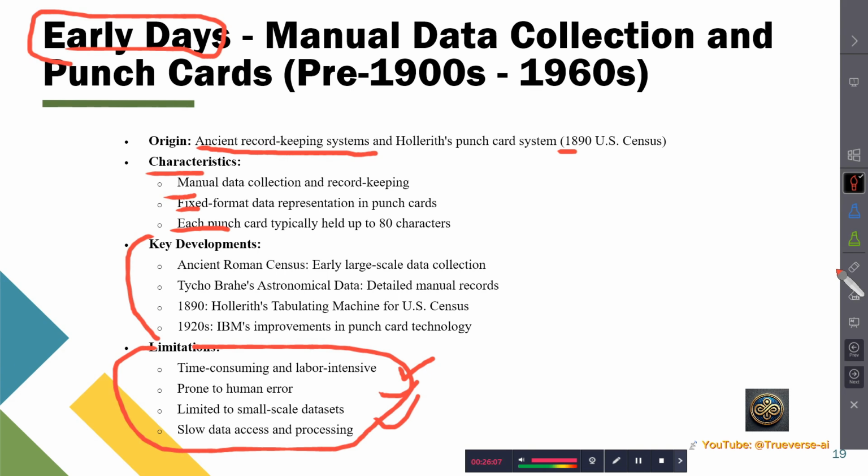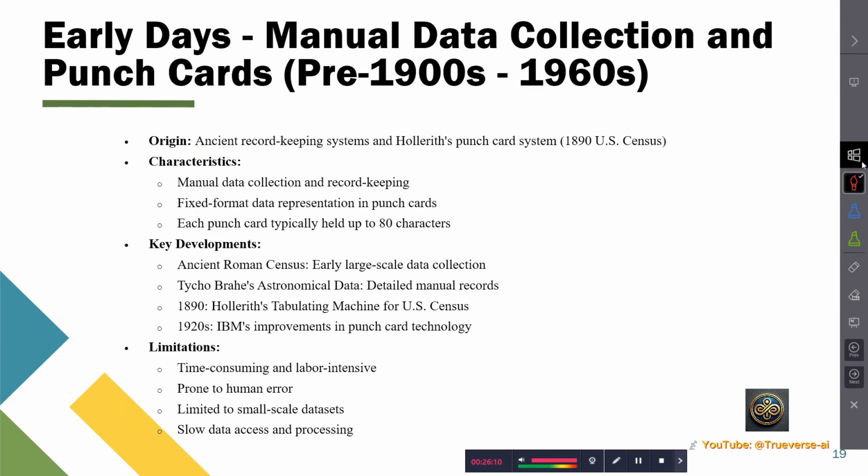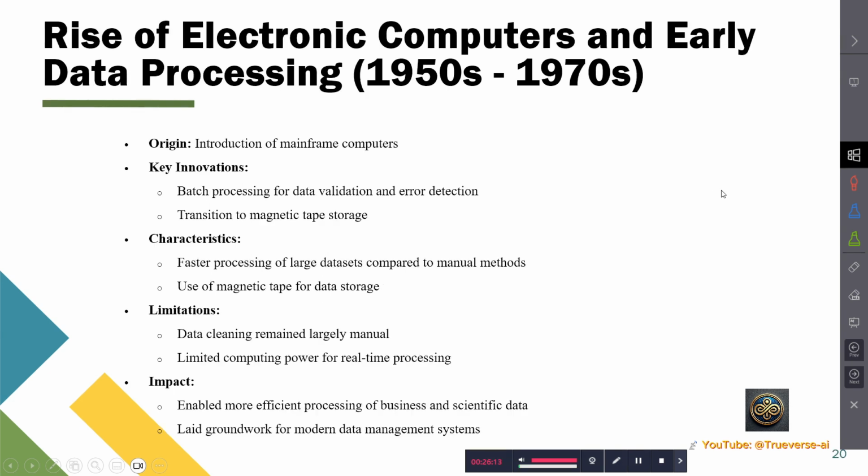Let's go for another era. The rise of electronics. In this period, we see the introduction of mainframe computers, which revolutionized data processing. Key innovations like batch processing and magnetic tape storage allowed for faster handling of large datasets compared to the manual method.